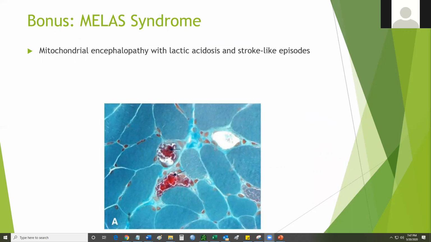So let's break this down from a fundamental standpoint. Mitochondrial has to do with the mitochondria. Encephalopathy means that you're going to have issues here with your cell pathways.